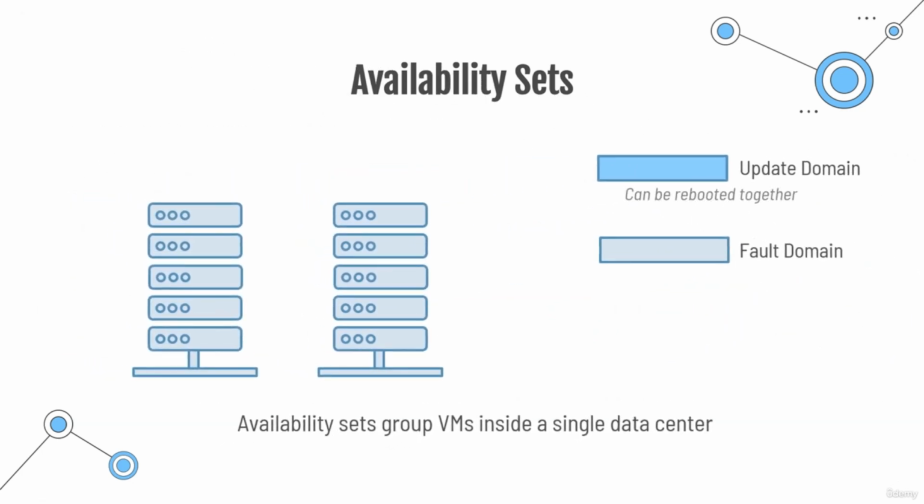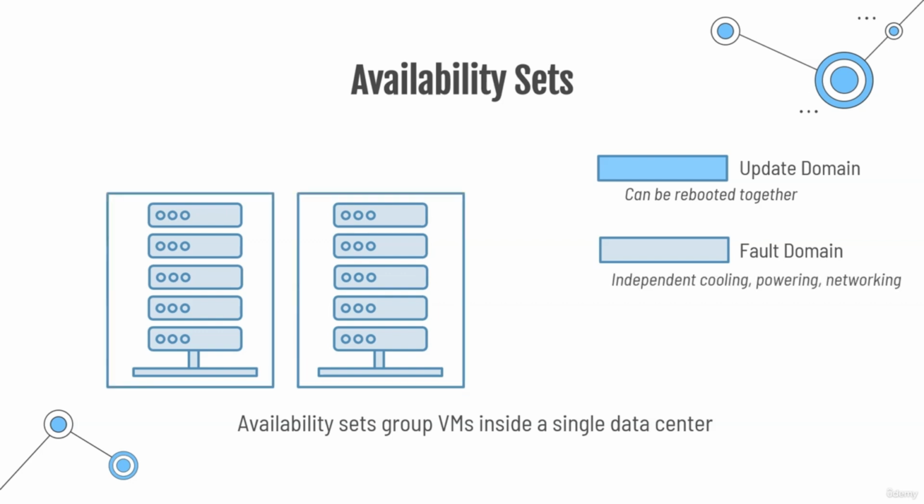The update domain can be rebooted together. This means that if we have one update domain, this can be updated first, and then we have another update domain, which can be then updated afterwards. So they will be separately updated, and that's why it makes sense to distribute the virtual machines across multiple update domains.